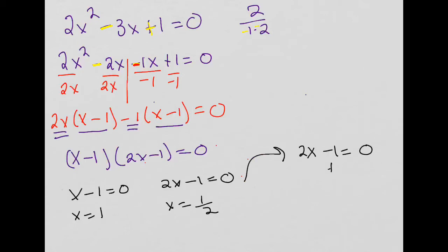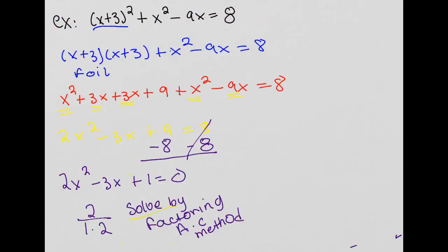I skipped that step. My bad. Sometimes it can happen. Very rare, but it happens. So that's where I got the 1/2 from. So the two solutions for this quadratic are x equals 1 and x equals 1/2. So I solved this problem using factoring, and the method of factoring that I used was the AC method.